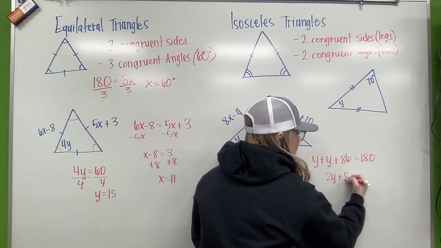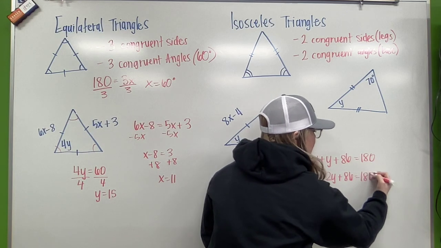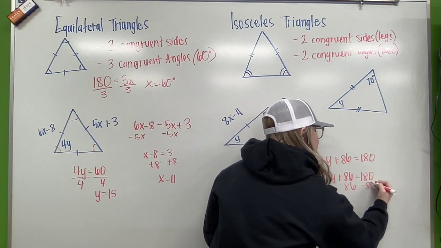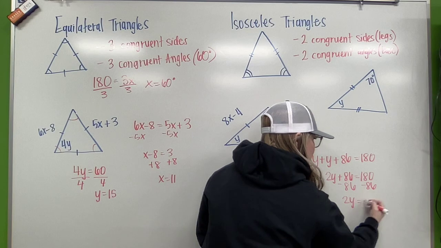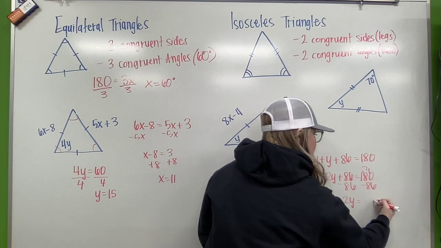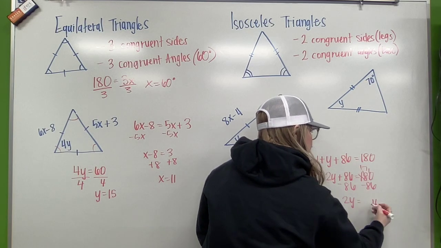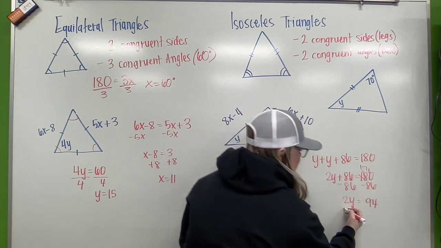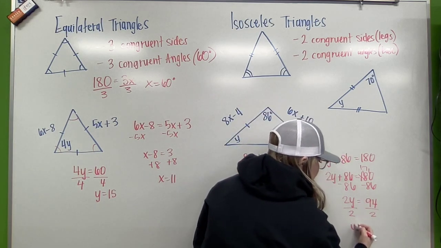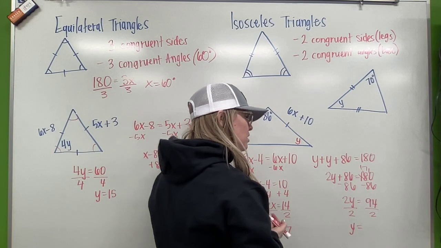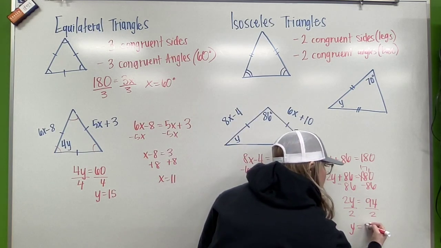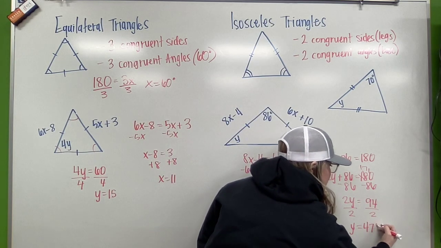So 2y plus 86 equals 180. I'm going to subtract the 86 over, and that is going to give me 94. Divide that by 2 to get each individual angle. y is going to equal 47 degrees.